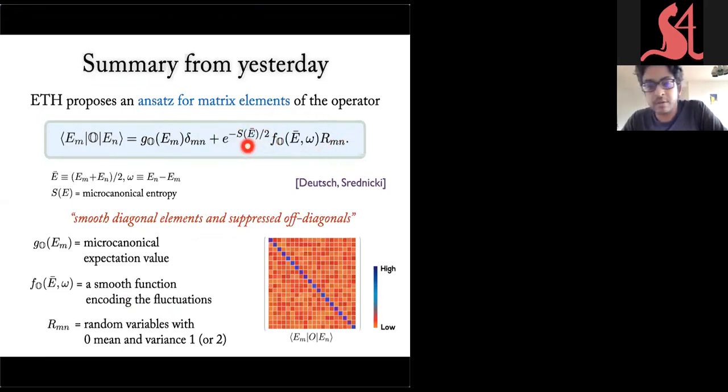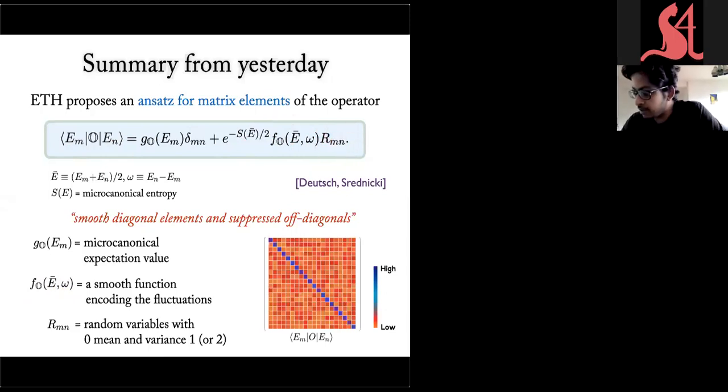It is exponentially suppressed by the entropy, and it contains a smooth function, f_O bar of omega. It's the sum of the average energies of the states, and the energy difference between the states. And there is a random matrix part to it. R_mn are random variables with zero mean and some variance of order 1.